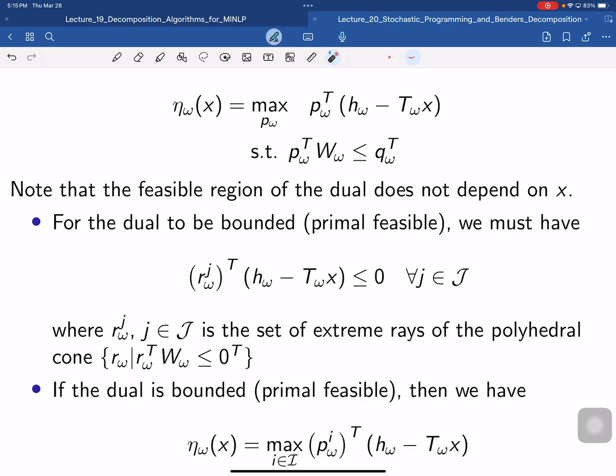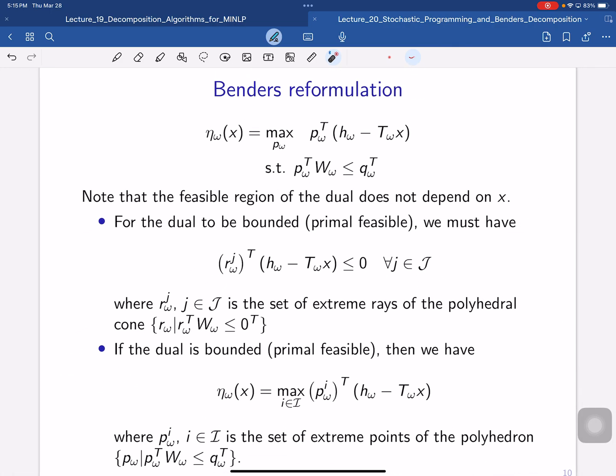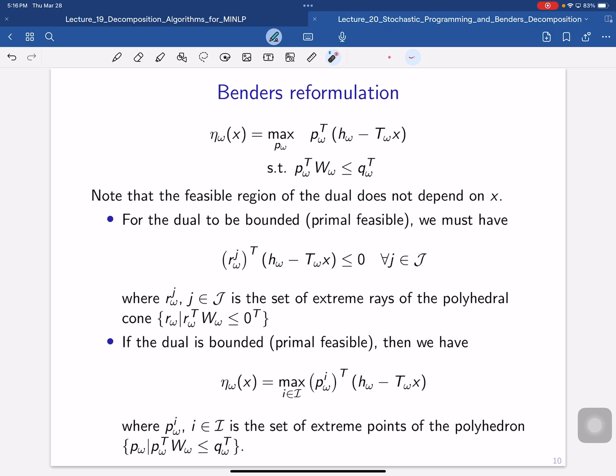Then all the extreme points of the primal problem do depend on x. If you take the dual, the x will be moved to the objective, and the feasible region of the dual doesn't depend on x. Okay. Yeah. So if it's not clear, you can go back, revisit your linear programming notes and come back again. Okay.